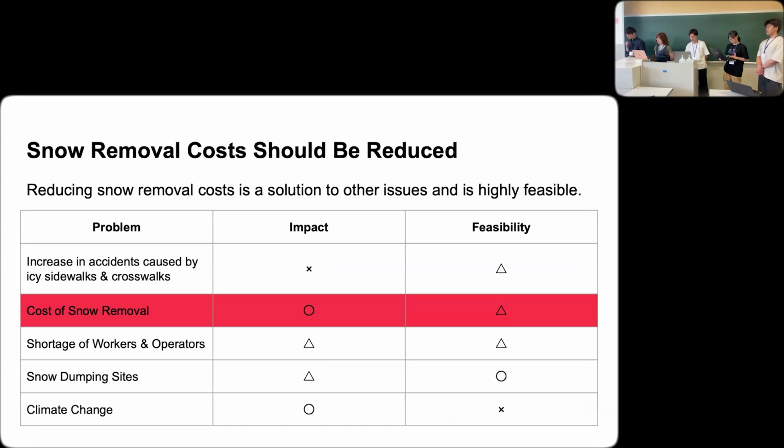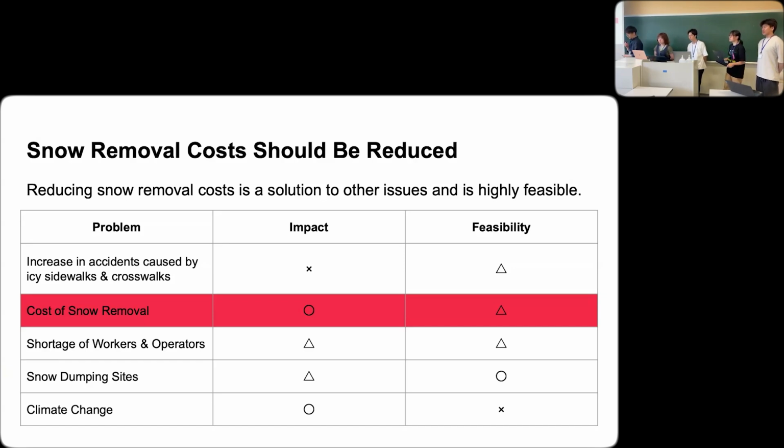First, we considered which of the problems presented in the class slides were the most important to solve. We evaluated these five problems based on two criteria, impact and feasibility.